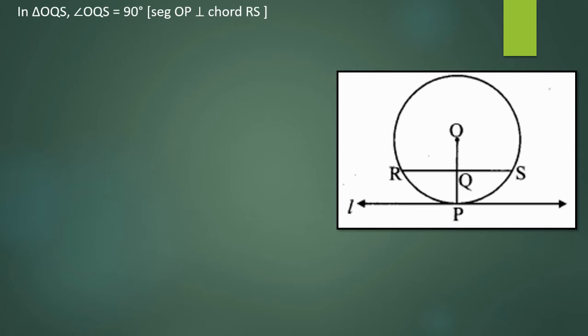Now, in triangle OQS, angle OQS will be 90 degrees because segment OP is perpendicular to chord RS. And since it is a right angle triangle, we can use Pythagoras theorem. OS will be the hypotenuse. So OS square is equal to OQ square plus QS square by Pythagoras theorem.